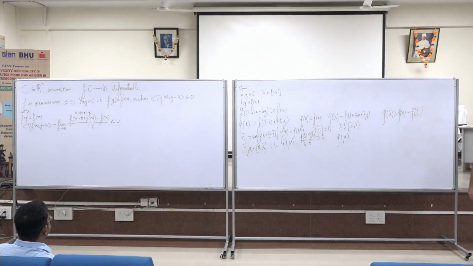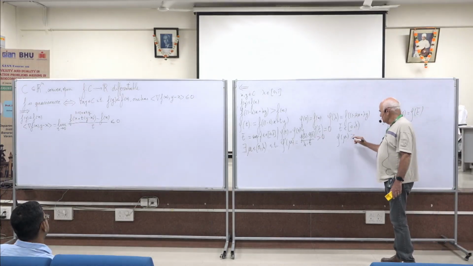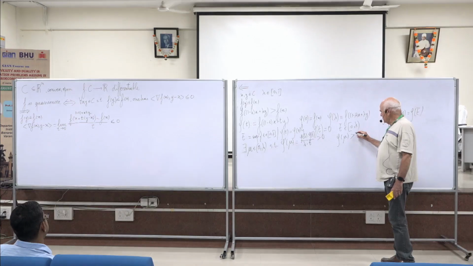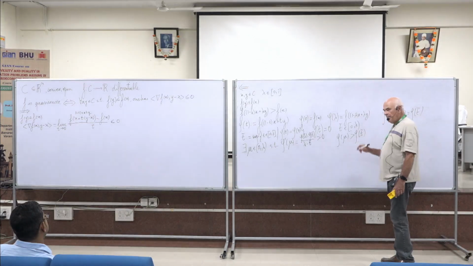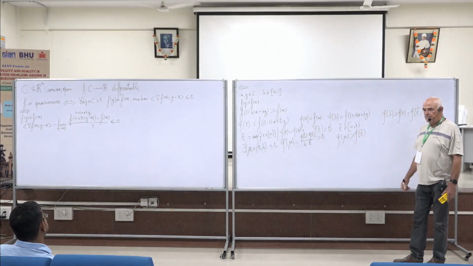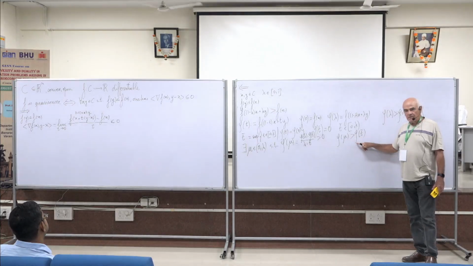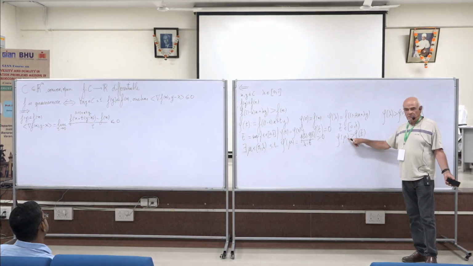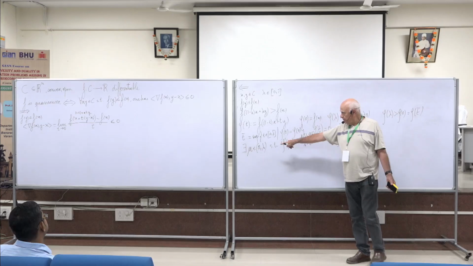We can say that it is strictly larger than phi of t bar, because if it were smaller, I mean, it cannot be zero, phi of mu, because mu is larger than t bar.